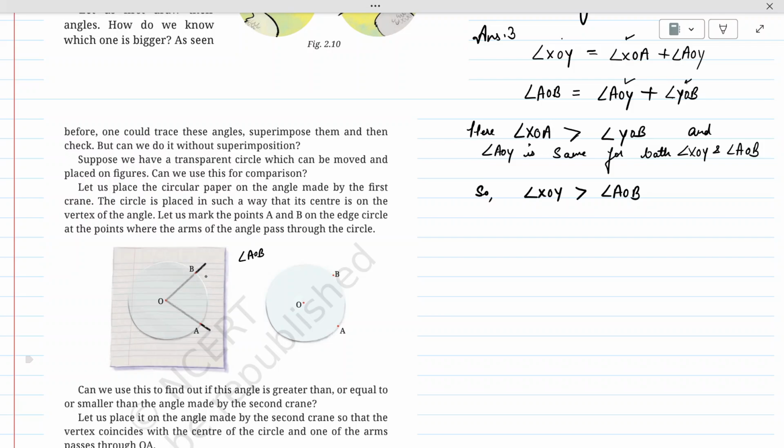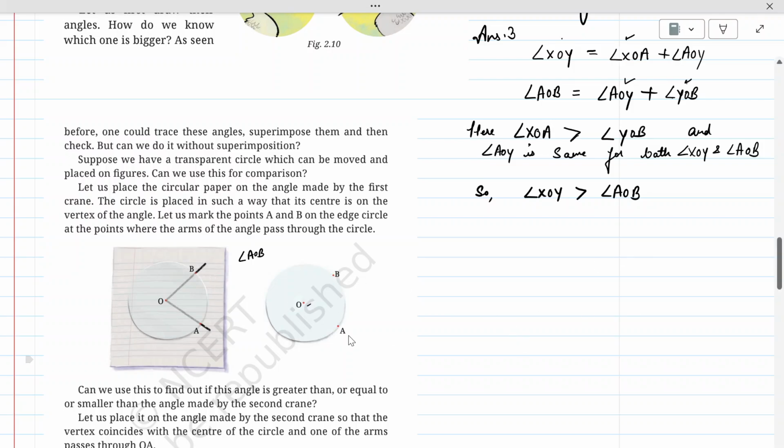They have to compare this angle with some other angle which we will see, and to compare it, they have taken one transparent circular paper and placed its center on the vertex of this angle. And now they are marking the ends, the arms of this angle, on the circular sheet like this. They have marked the center and they have marked these points.